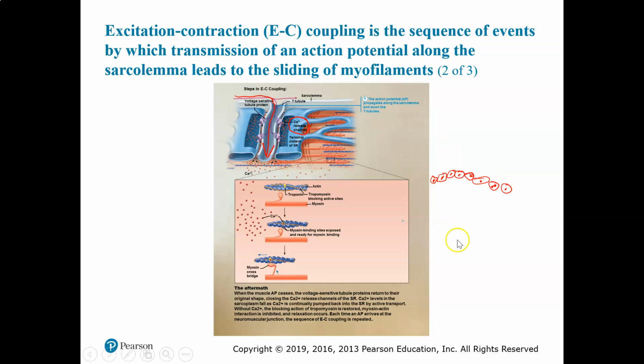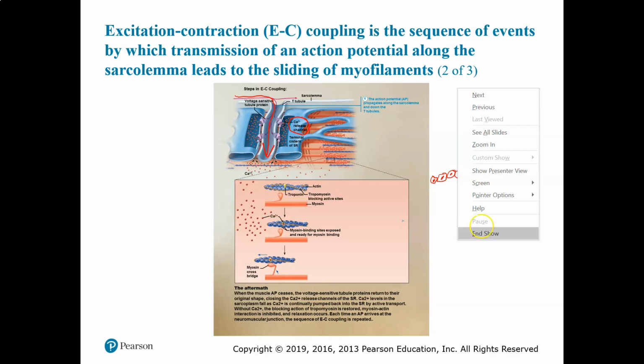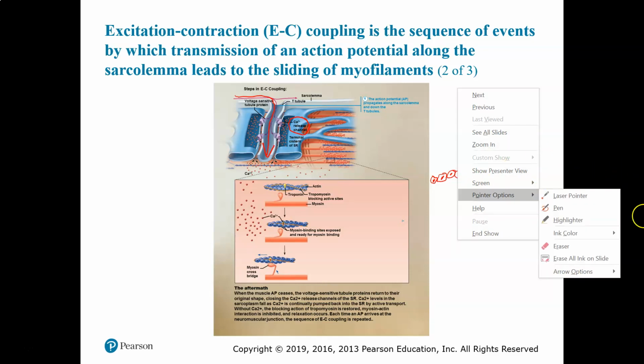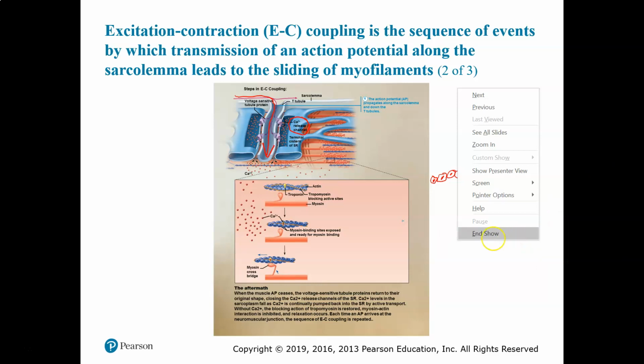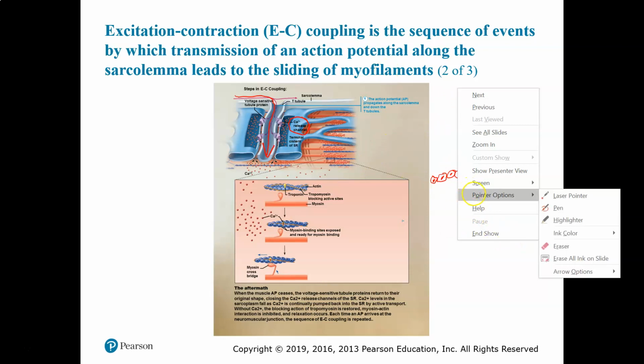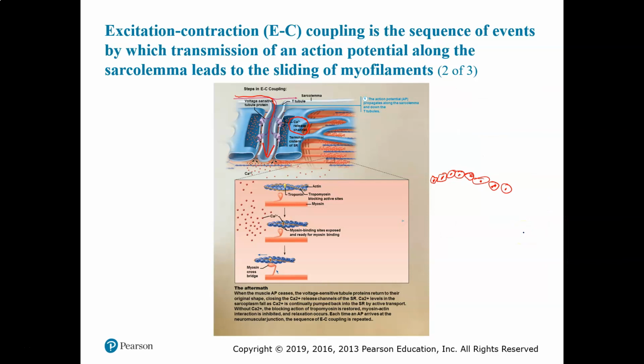So what happens is you have something preventing myosin from binding. And I'll do that in a different color. Even if you don't draw well like me, you can still draw and get the idea of what's going on.